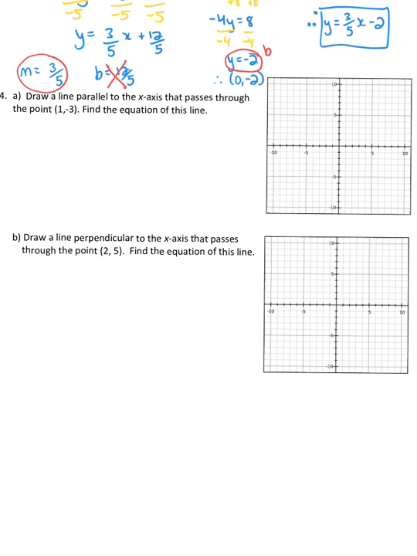So to do this, let's first start by identifying the axes. So our x-axis is here, the horizontal axis. We want to draw a line that's parallel to this axis, and it passes through the point (1, -3). So let's plot that point right there.